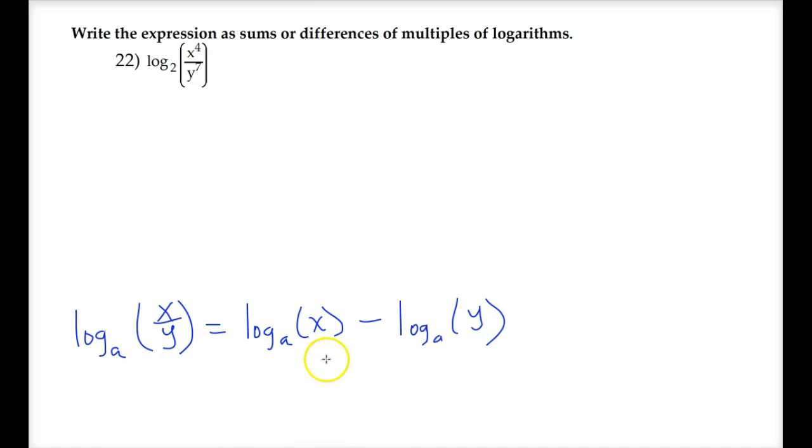And where this rule actually comes from is the same rule that we use to say that if we have, let's say, a raised to the x divided by a raised to the y, that we could basically subtract the exponents. And so here you see how these logarithms are being subtracted, okay?